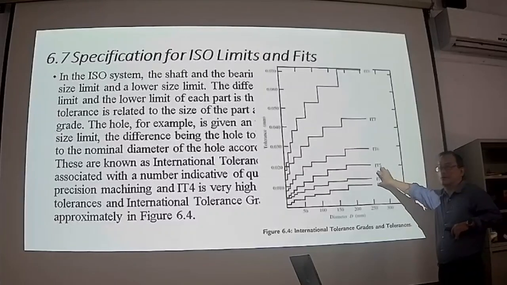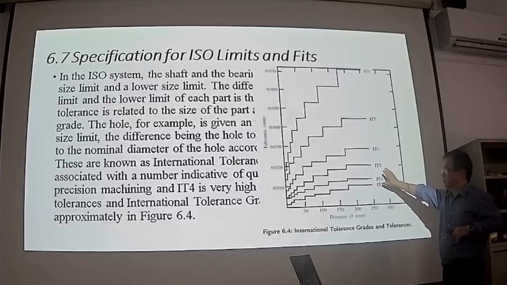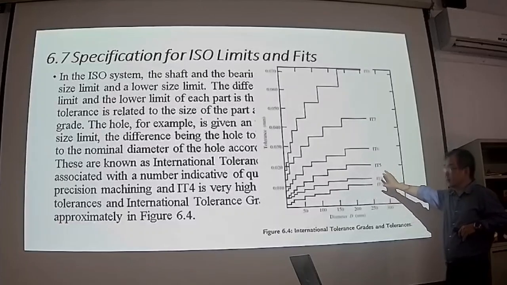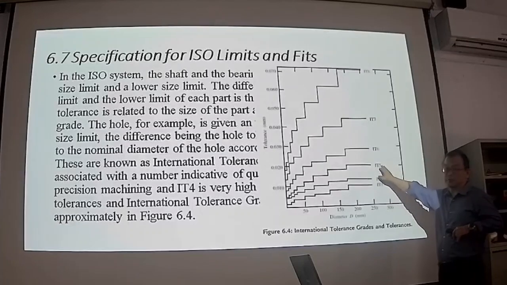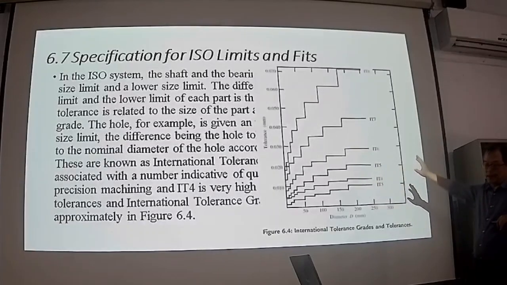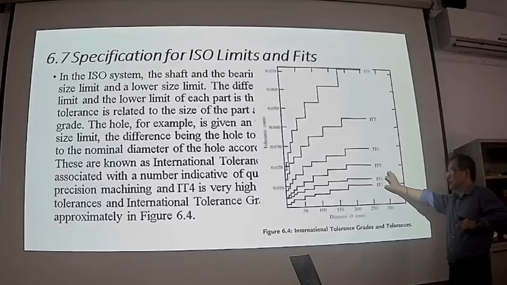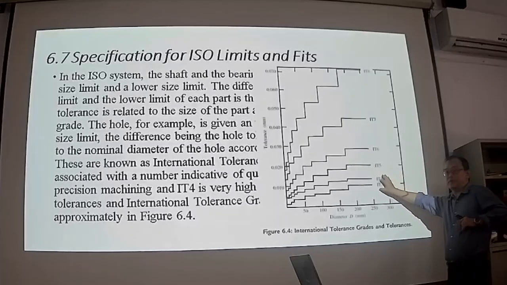So the tolerance grade is between IT3 to IT5. For air bearings, they are even smaller. So usually they are in the tolerance IT3 and IT4. Okay.